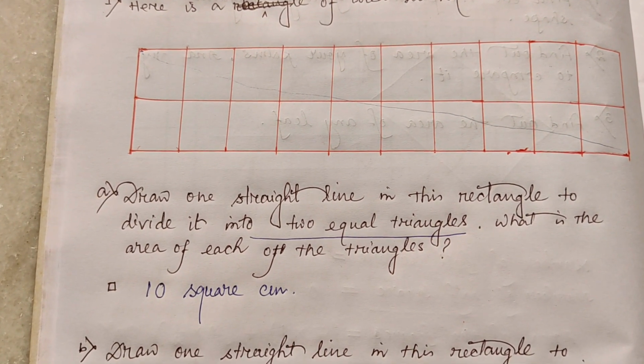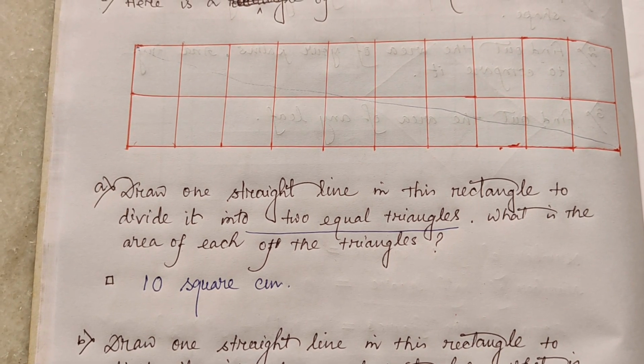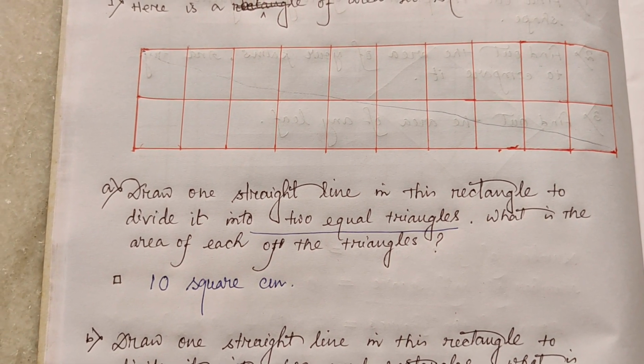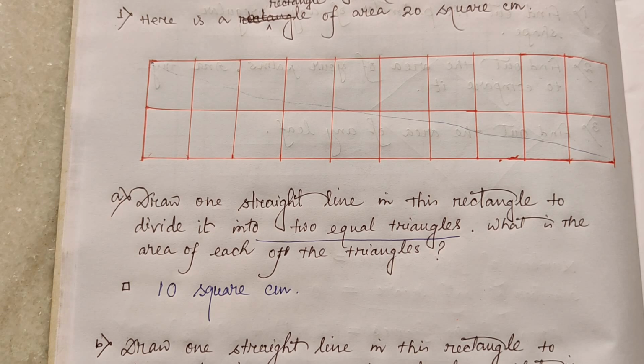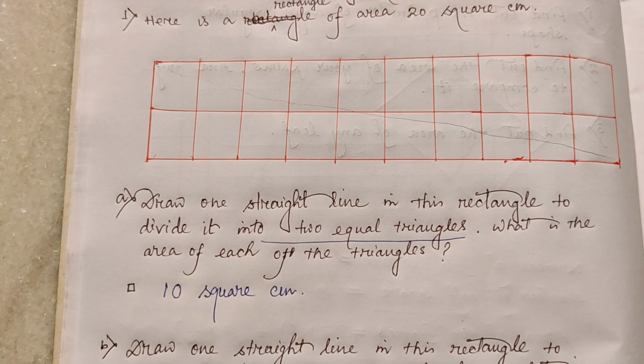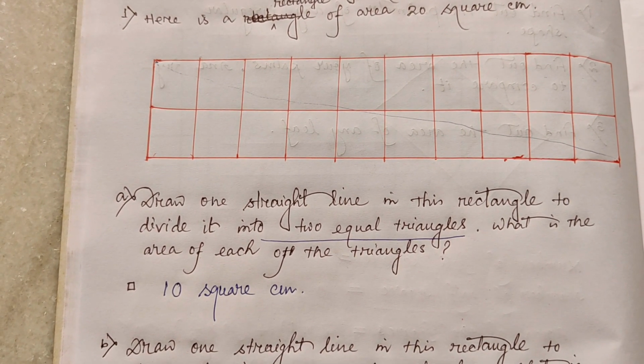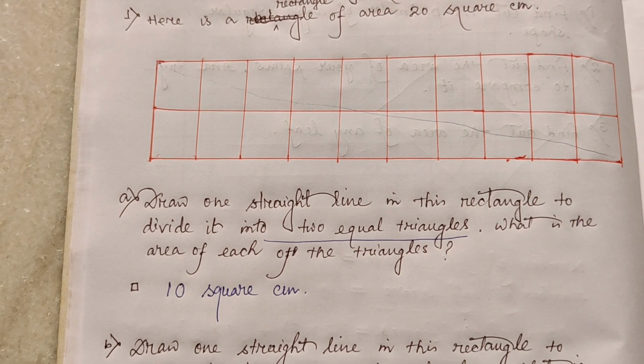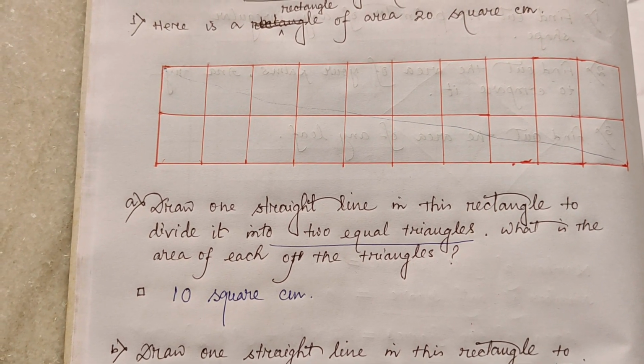Now come to the first problem. Draw one straight line in this rectangle to divide it into two equal triangles. What is the area of each of the triangles?